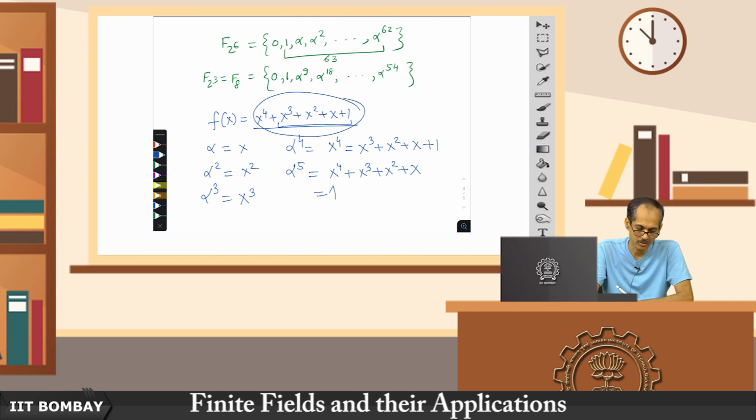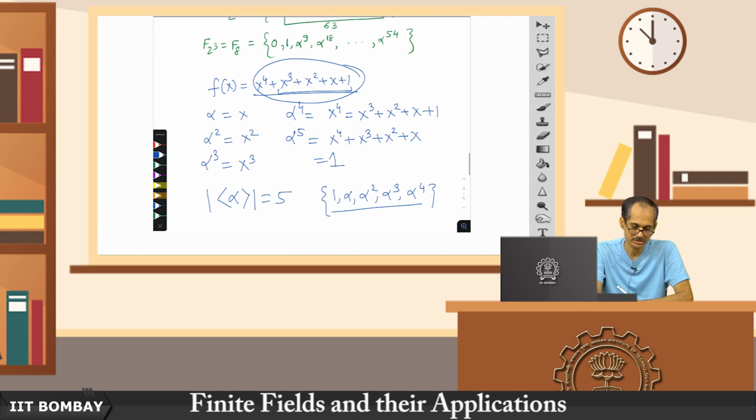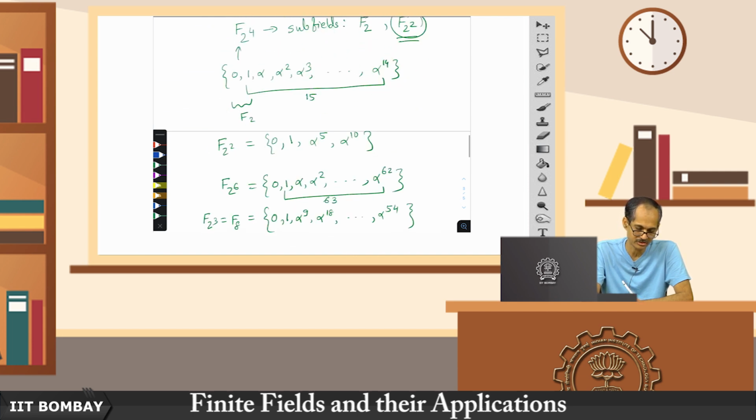So, you see that the order of the group generated by alpha is 5, because there are 5 elements. You get 1, alpha, alpha square, alpha cube, alpha power 4, which generates a subgroup of order 5, not the whole multiplicative group of order 15. So, this alpha is not a primitive element.